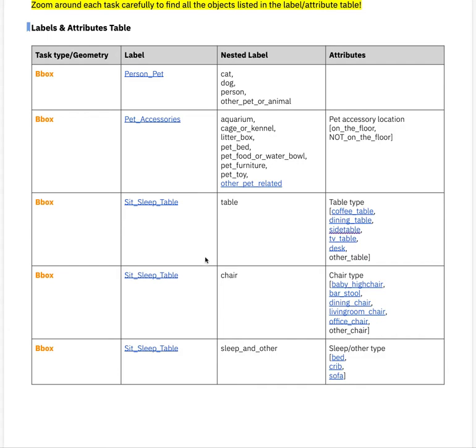And there's a category of sit-sleep table, which is basically a combination of different types of tables, where you have to answer what type it is. Different types of chairs, again, you'll need to answer which type. And then sort of sleep and other, so beds, cribs, and sofas. So these are all the things that you'll be looking for in these tasks. Really be sure to zoom around the image to make sure you find all of these objects.